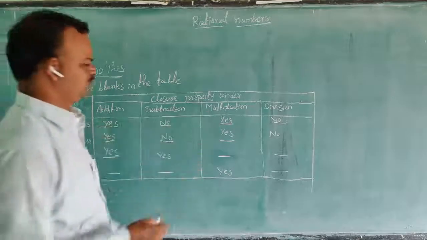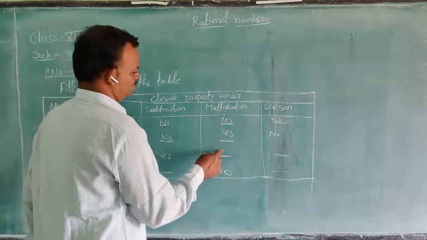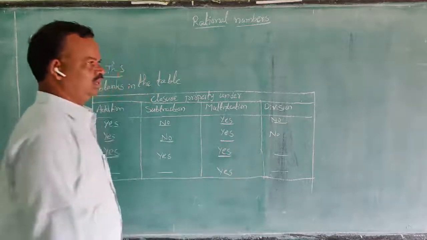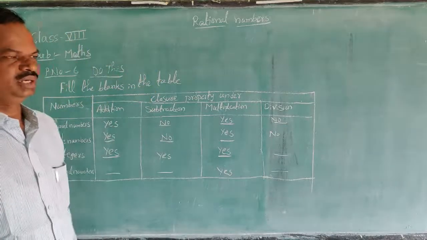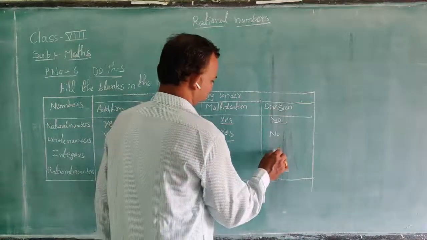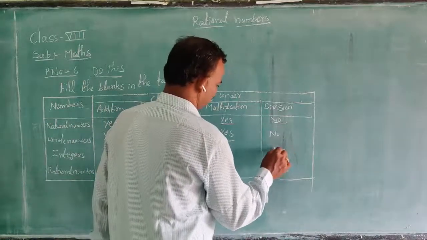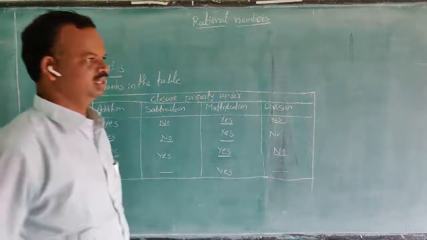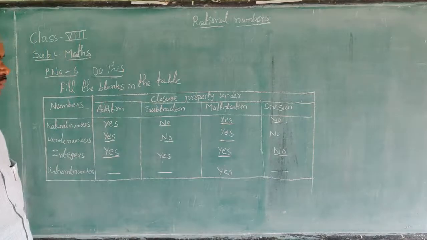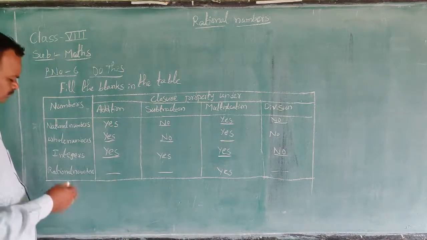Multiplication: 2 into minus 1 is equal to minus 2, so it satisfies. 1 by 2: 1 and 2 are integers, but 1 by 2 is not an integer, so it does not satisfy. So the property under division is not closure.